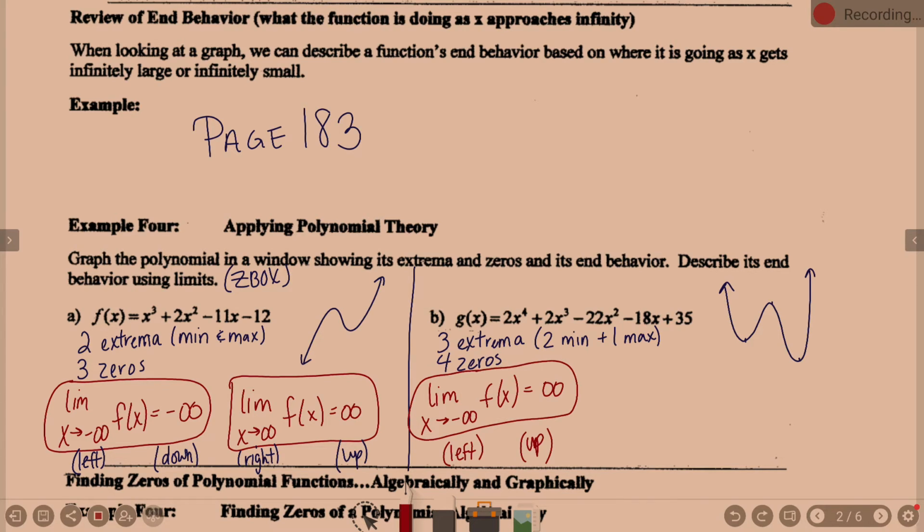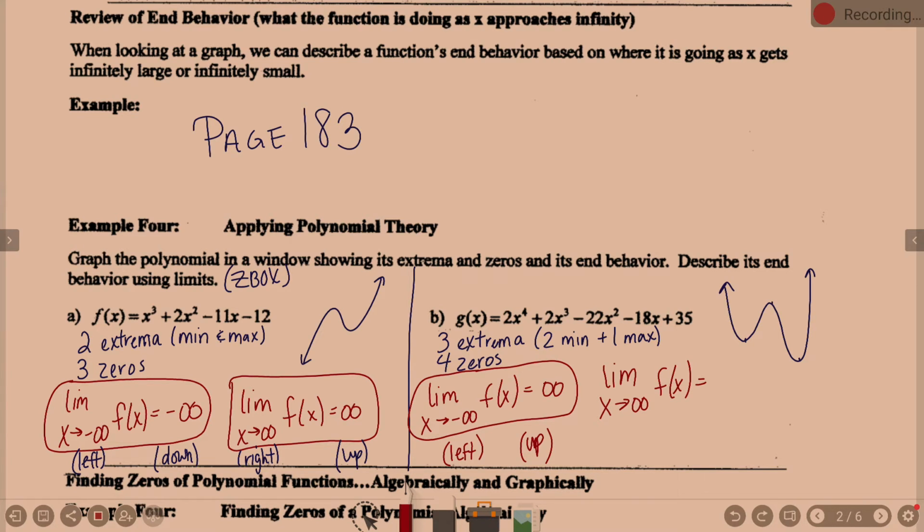Okay, so when it says the limit as x approaches, that is as x is going left or right. So as you move to the left on your graph or the right. This one was as you move to the left. What it equals is where my graph is going, and it's going up in this case. Now the other half of end behavior: the limit as x approaches positive infinity of f of x.